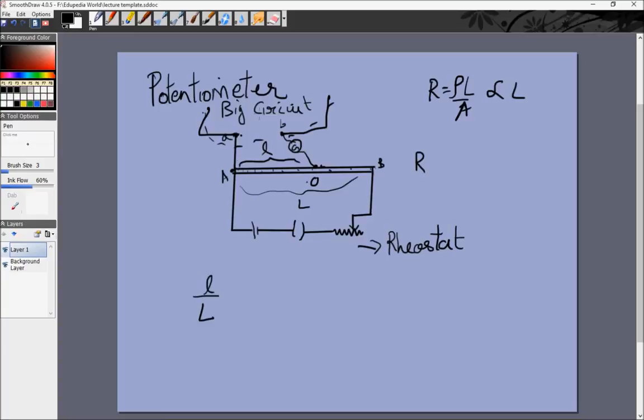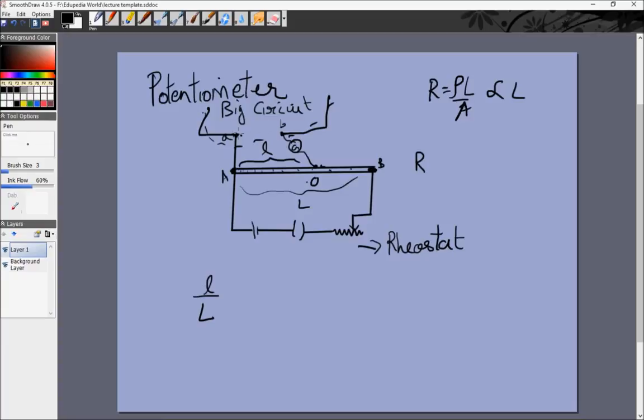If small l is half of capital L, the resistance would be half, because we know the resistance is proportional to the length, right? So this multiplied by the resistance between A and B will give me the resistance between A and O. Since resistance, given constant current, is proportional to the potential difference, the potential difference between A and O will be l by L times the potential difference between A and B.